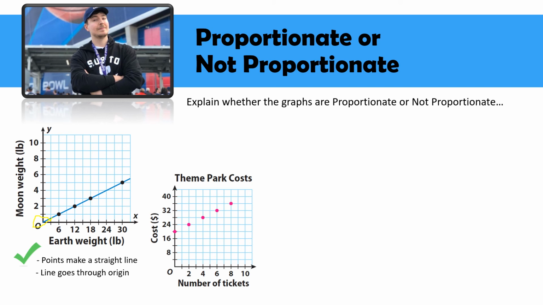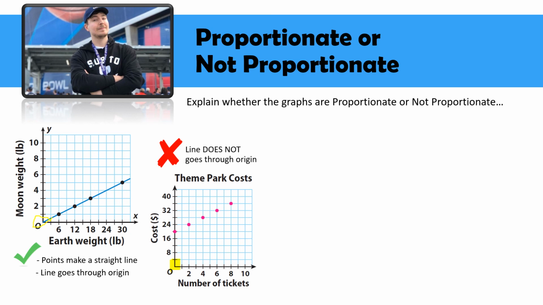Here's another graph that talks about the cost of theme park tickets. First thing, if I were to look at this, does it make a straight line? Yeah, if I were to have a ruler here and draw straight through it, even though I didn't do such a great job, that does make a straight line. However, it does not come anywhere near the origin here. So this is not a proportionate graph because it does not go through the origin.